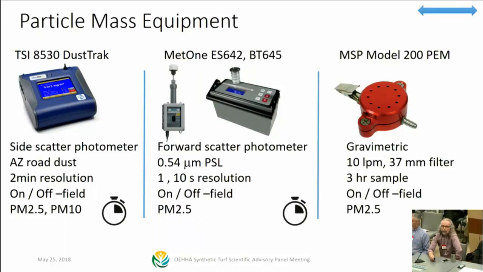They are both optical photometers, but they operate on slightly different scattering angles, and they're calibrated to different particles. So again, getting the absolute A-B comparison requires a little bit of effort, which we can do. And then we also had a PEM sample, a gravimetric sample, using glass fiber filters both on and off the field with a high volume pump.